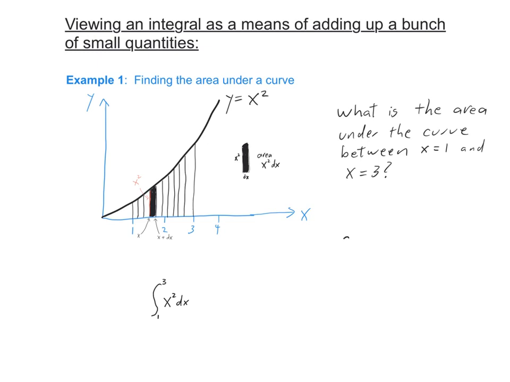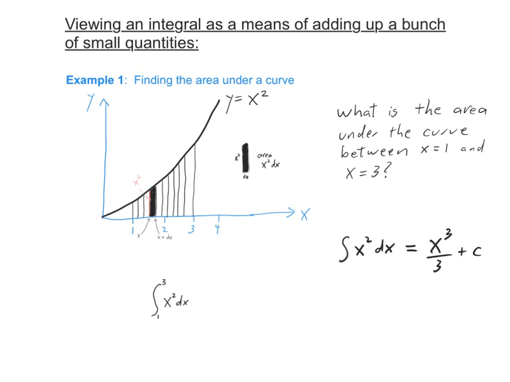You may recall that the integral of x squared dx can be written as x cubed over 3 plus a constant. Now, where did this come from? Well, basically, I remembered my rules about derivatives, because I remembered that the derivative of x cubed over 3 turns out to be x squared.